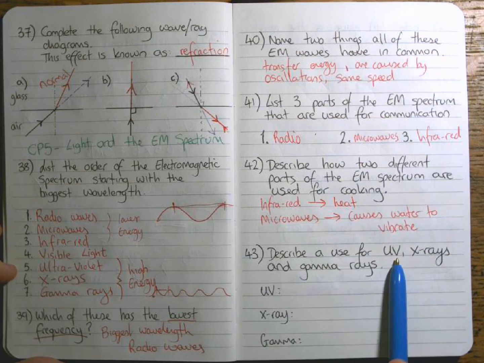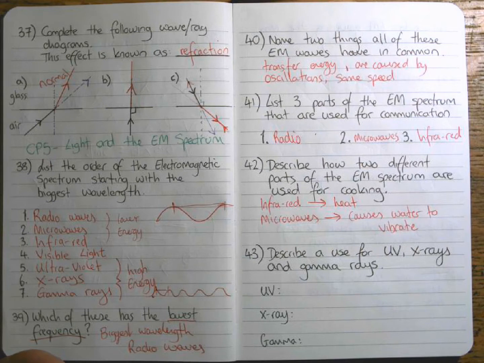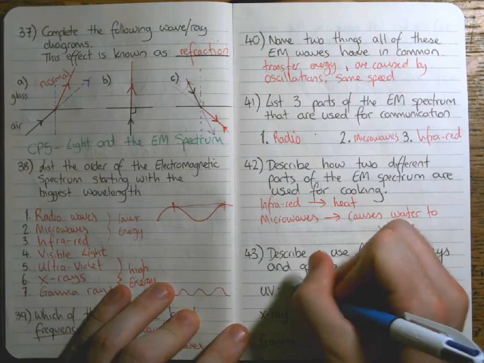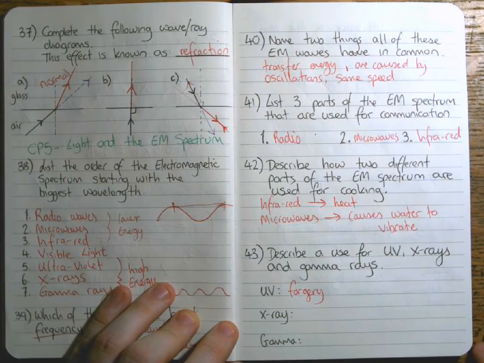Describe a use for UV, X-rays and gamma rays. So we want one use for each of these. Write them down yourself and then check in a couple of seconds. Okay, so a use for ultraviolet light, we can use it to check forgery of banknotes.